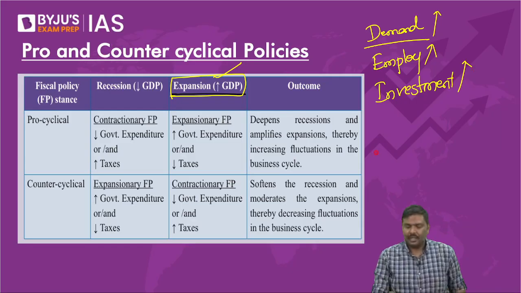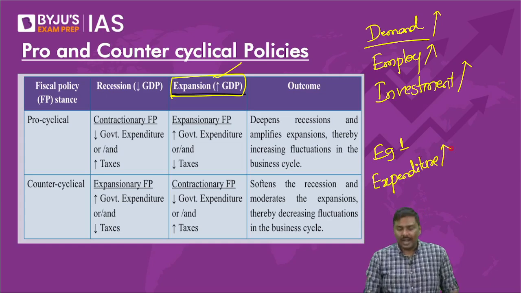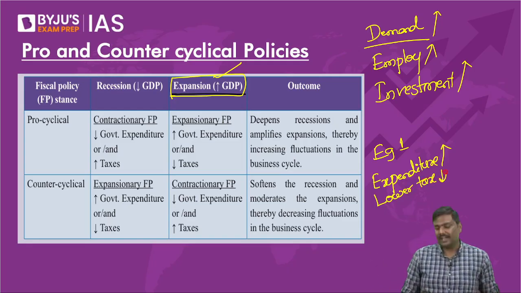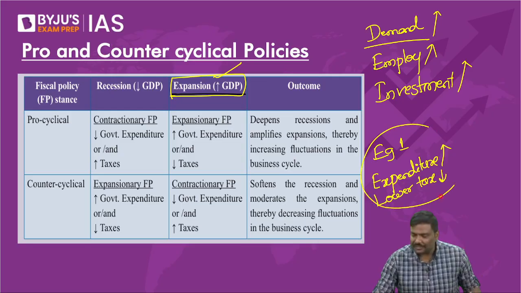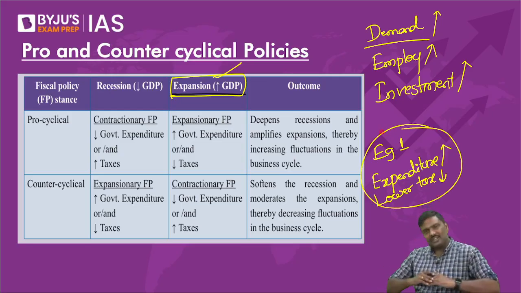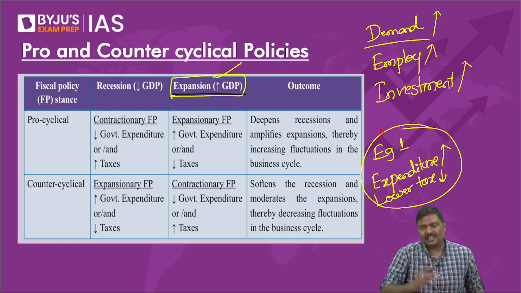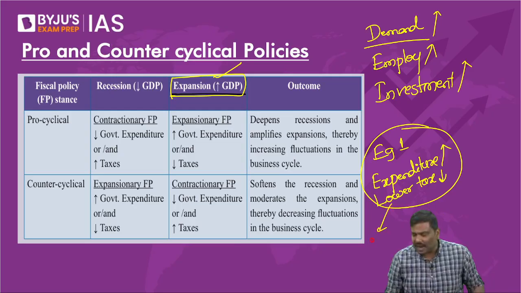Example 1. The government will increase expenditure and start spending a lot of money, and the government will reduce the tax. What is the impact of it? If the government spends a lot of money and reduces taxes, don't you think the demand will overshoot?